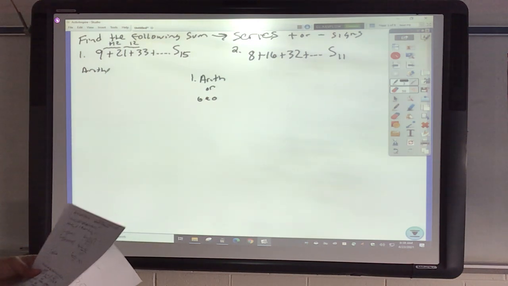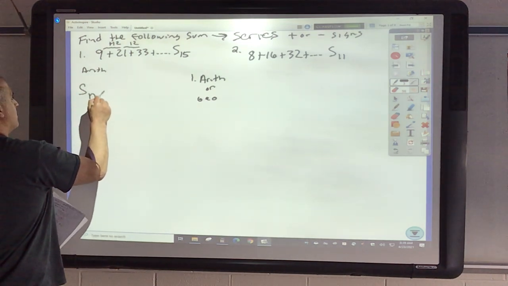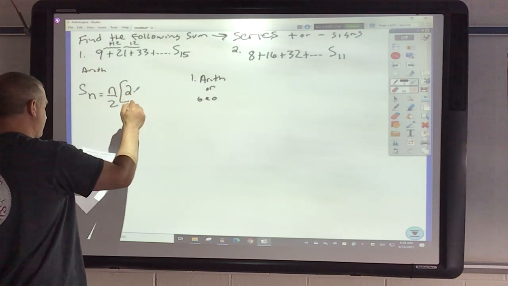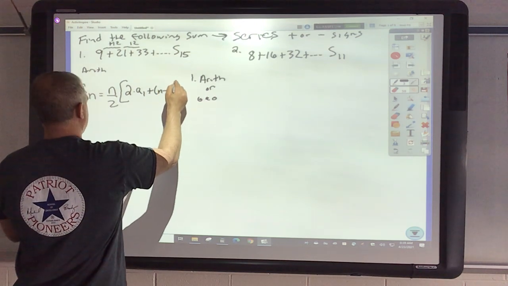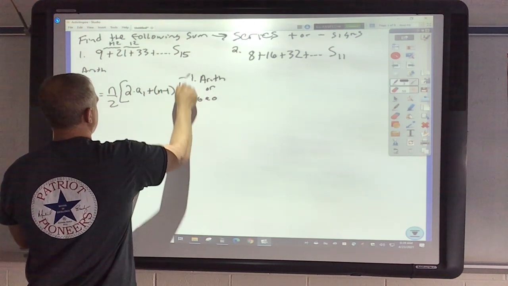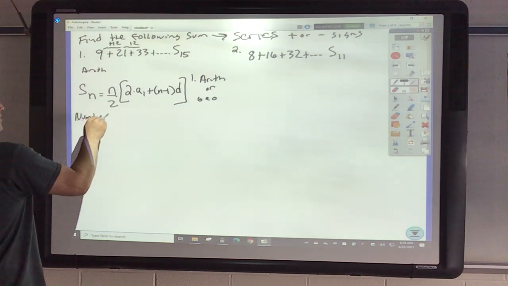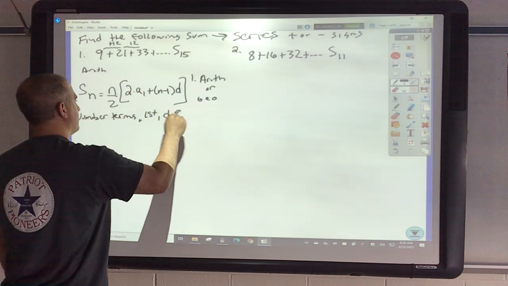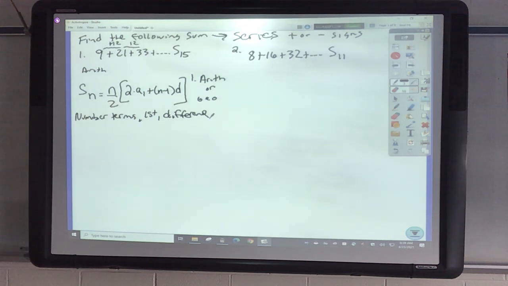The formula is Sn equals n over 2 times 2 times a1 plus n minus 1 times d. This is great if you know the number of terms, the first term, and the difference. If you know those, that one is going to be a piece of cake.